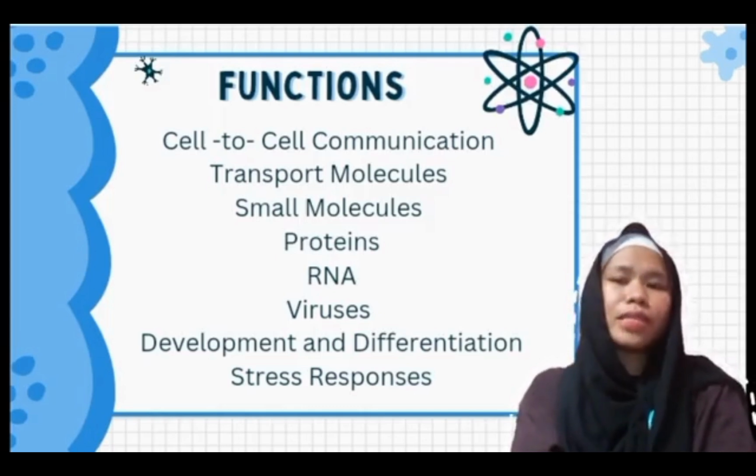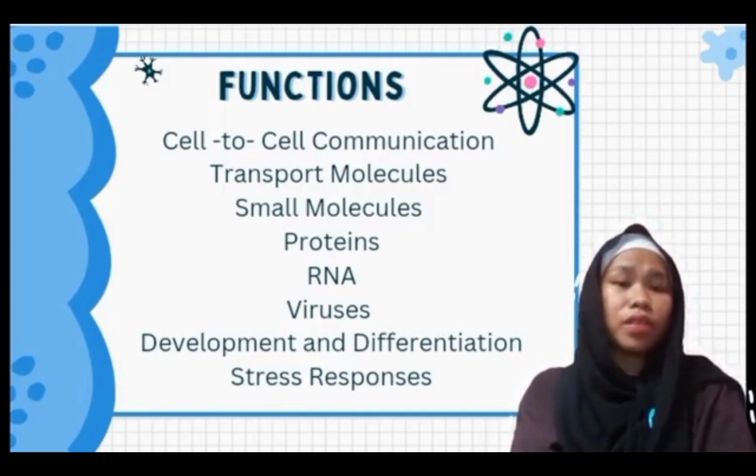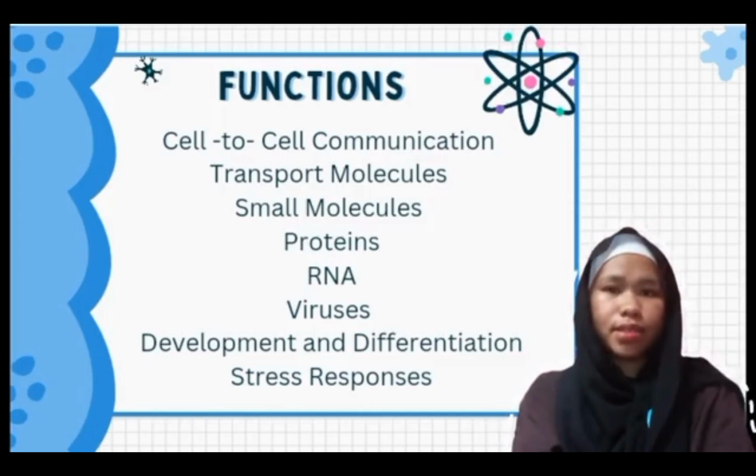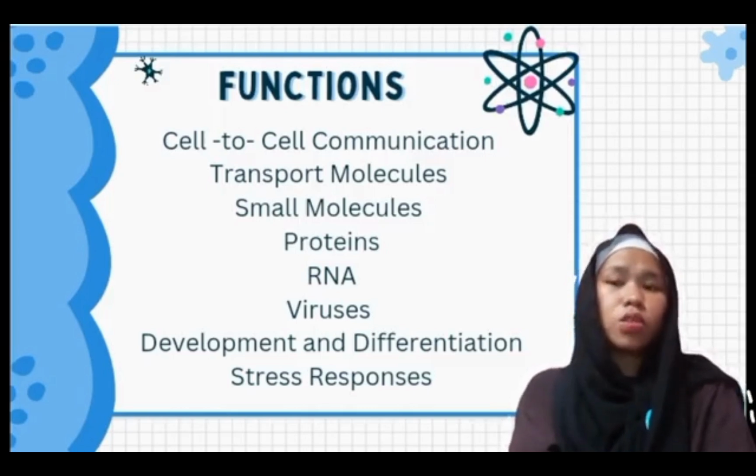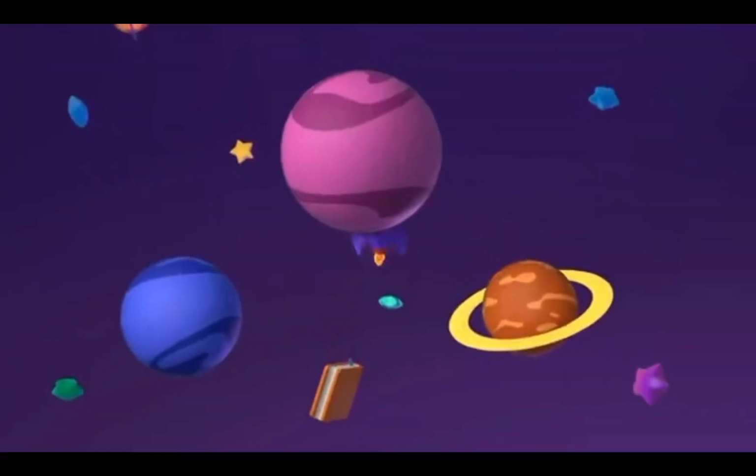Plasmodesmata are involved in plant responses to various stresses, including drought, salinity, and pathogen attack. They facilitate the transport of signaling molecules and defense compounds between cells, enabling the plant to mount an effective response to these challenges.